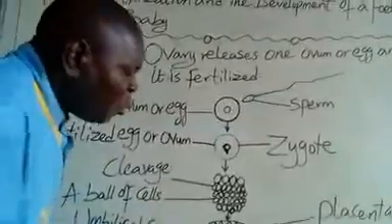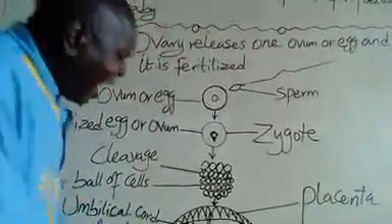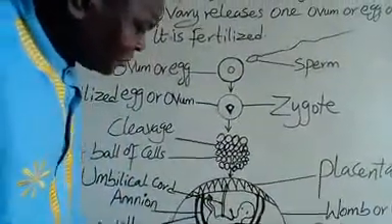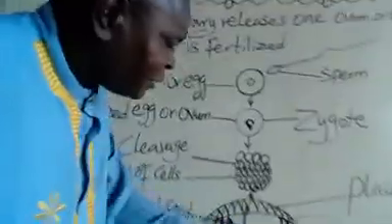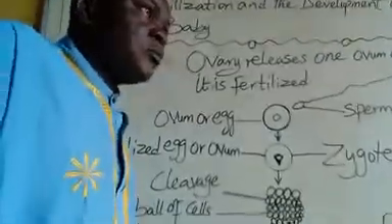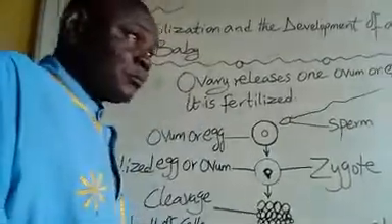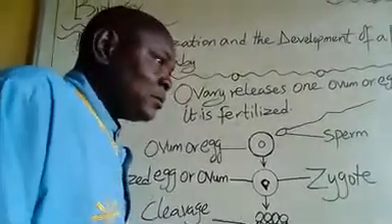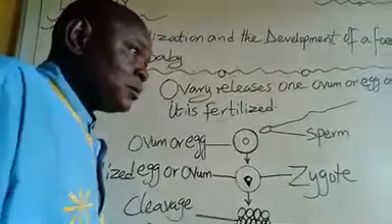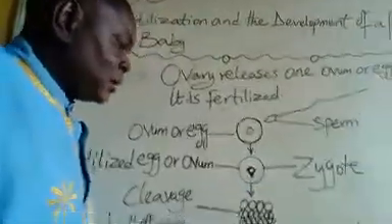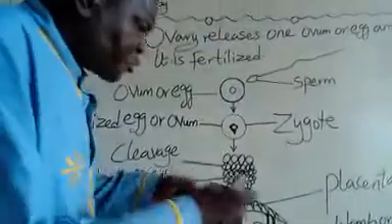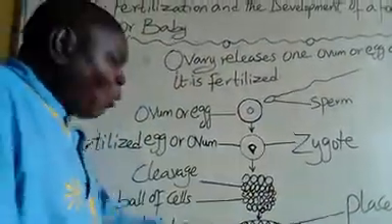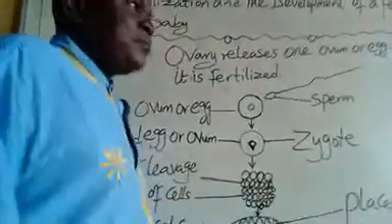This hormone will cause the abdominal and uterine muscles to contract frequently, rhythmically. The abdominal muscles and the uterine muscles will contract when a woman is about giving birth.